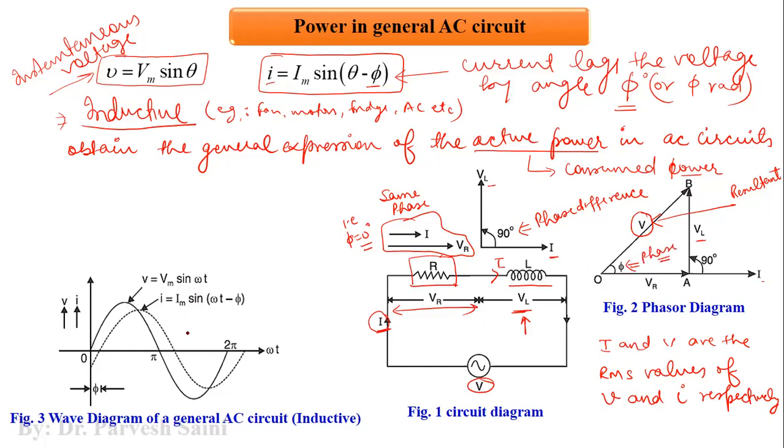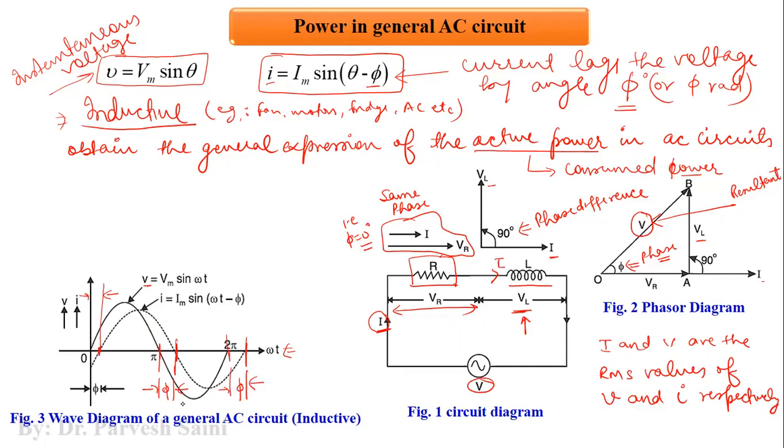We can represent the same thing in terms of waveform. Taking the voltage as the reference phasor, we have this as the reference wave, and because the current is lagging the voltage by phi, the current will start phi degrees after the voltage has started. This phase difference will always be maintained. You can see here, this is phi, this is also phi.